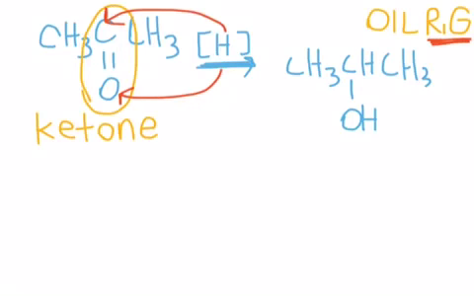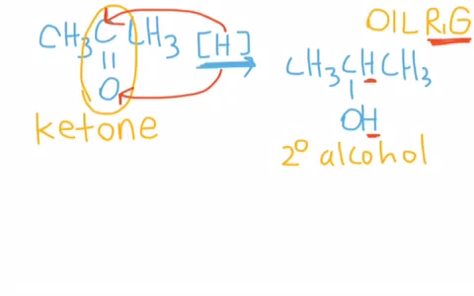So I see that now I've added an H right here, I've added an H right here, and my product is a secondary alcohol. So a ketone can be reduced to form a secondary alcohol.